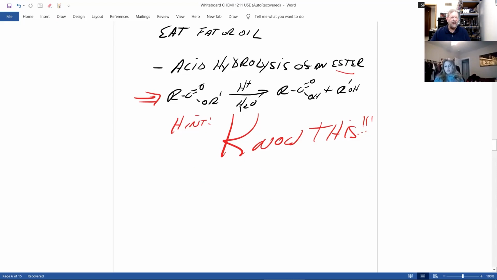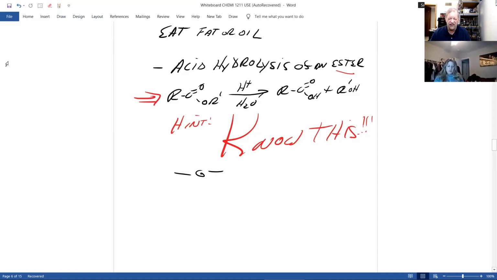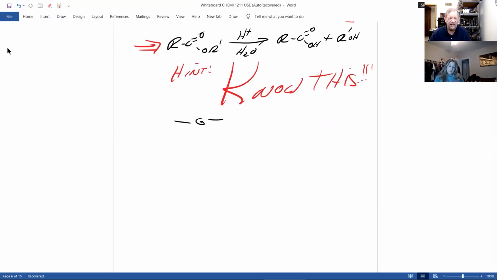Now, let's look at the following. While we're talking about digestion and eating things, sucrose is what? A glucose molecule bonded by an acetal linkage to a fructose molecule.